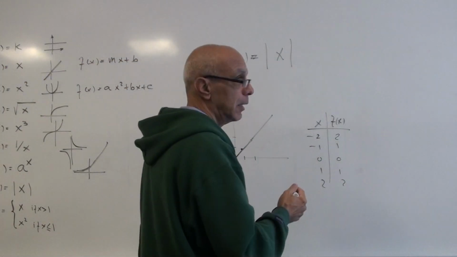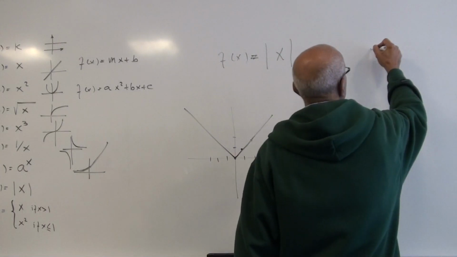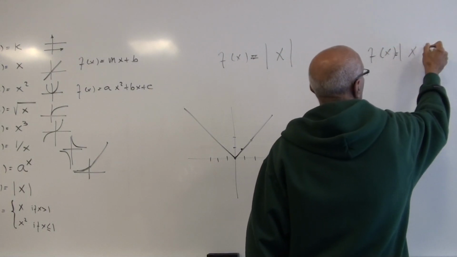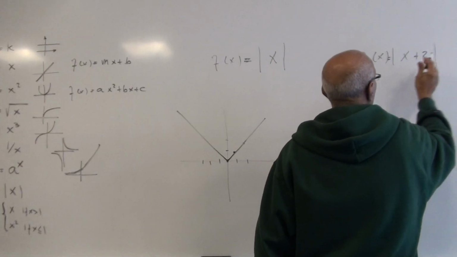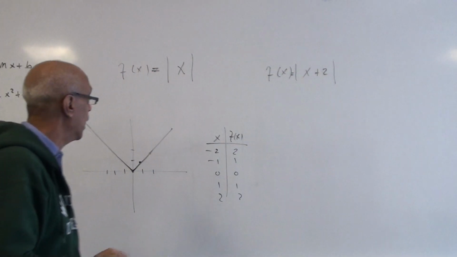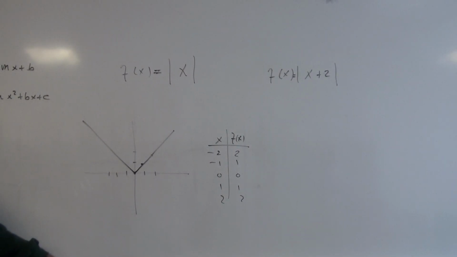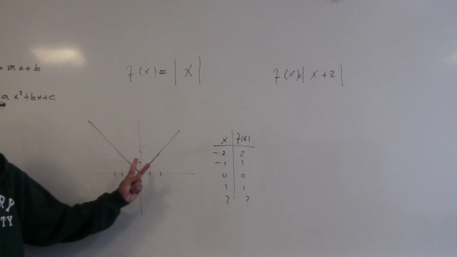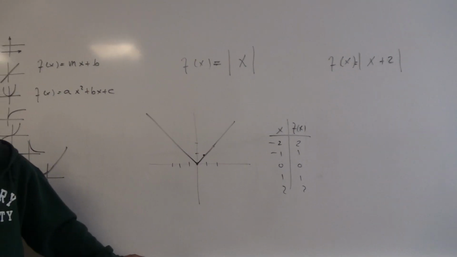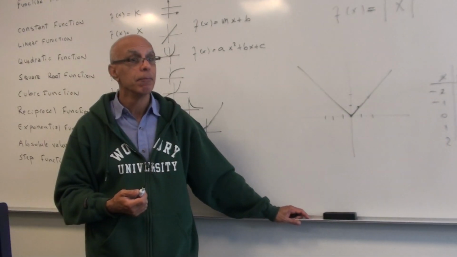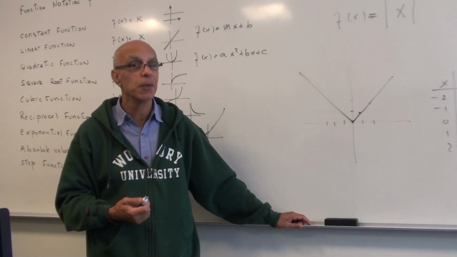Now let's think about what happens if I add 2 inside the bars of the absolute value. What happens to this V if I add a 2 there? Where is it going to move to?